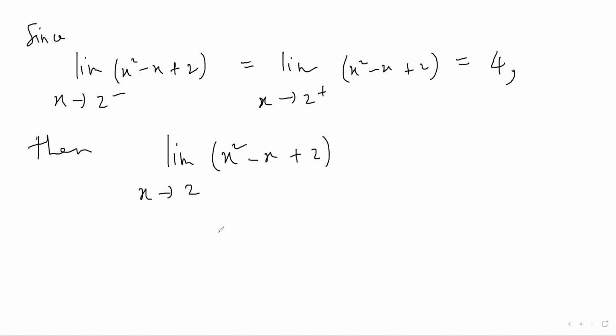So the way we write the total limit is we say x is approaching 2, and we don't put a minus or plus here because it's the total limit. It represents both sides, and it's equal to the same number, which is 4. So since the left-hand limit is equal to the right-hand limit, which is 4 in this case, the total limit is also equal to 4.